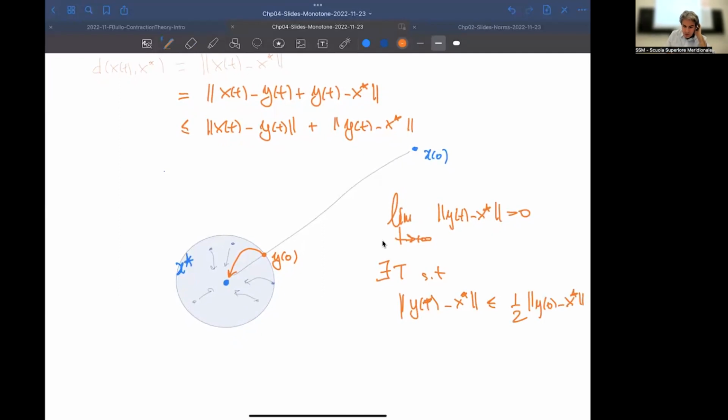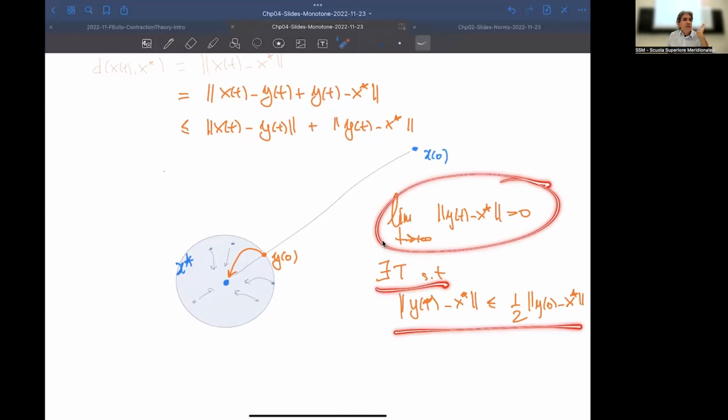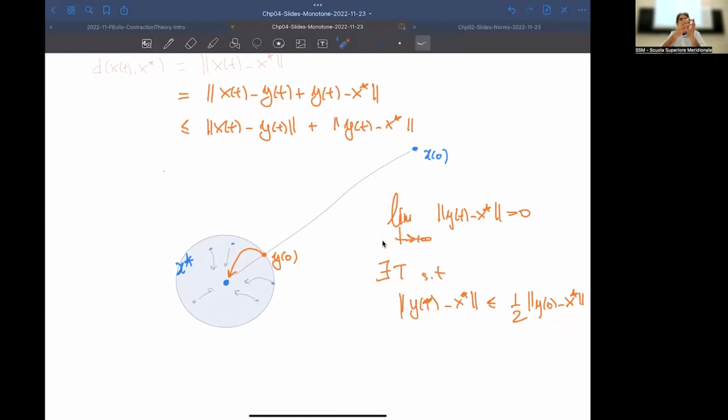So what am I saying here? I'm saying that by my construction, y goes to x star. So after some time, you have reached half the distance, at least half. You've shrunk the ball to half, or even more. It doesn't matter. I just need a little bit of shrinking. I need that in finite time, this ball shrinks by a finite amount. So here I said there exists a time t when I shrunk by half.